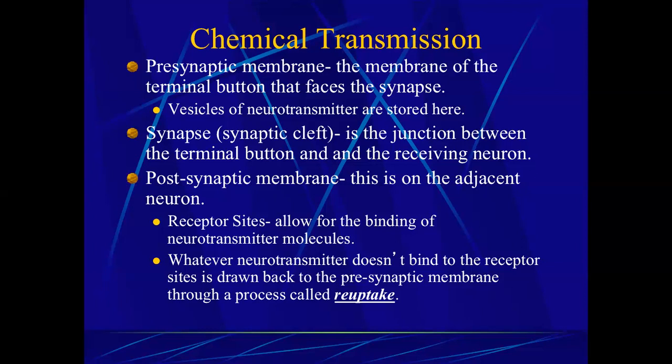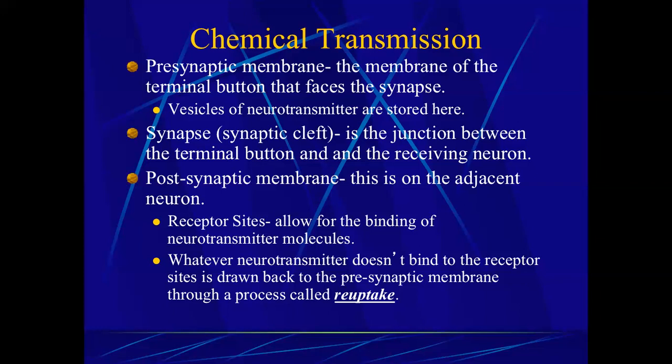And then we have neuron B, which is our second neuron, and that has to receive a message from the first one. So the terminology we use for the first neuron is the presynaptic membrane. That is where your axon is, where your terminal button is, and that's where we release the neurotransmitter from.